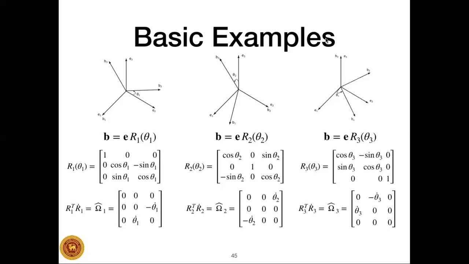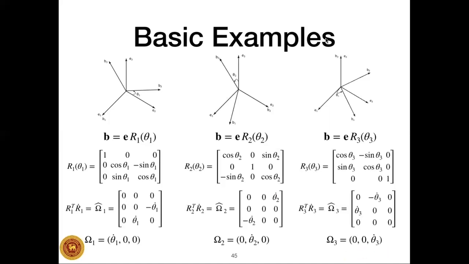Now let's construct, using the hat map and going back and forth between the hat and the skew symmetric and the R3 version, the R3 version of these. The R3 version of omega 1 is given by this expression over here, and omega 2 is given by that, and omega 3 is given by that.